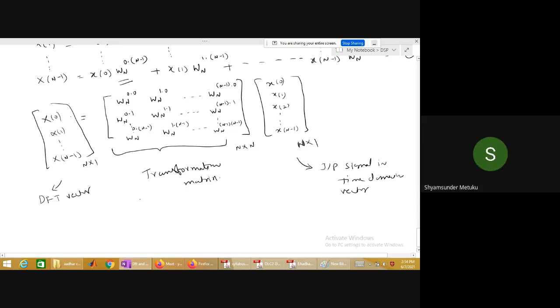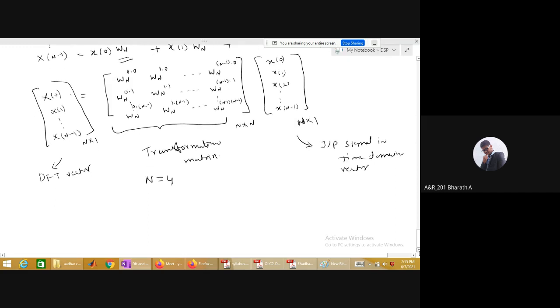Now I want you to find the transformation matrix for n equal to 4. Do it fast. Do it on your own and tell me.